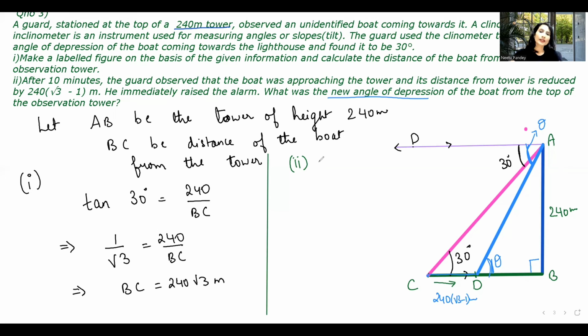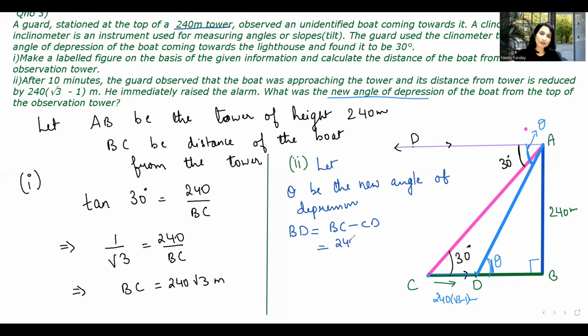So let's get started here. You can say here, let theta be the new angle of depression. And BD we can find out by how? BC minus CD. तो ये BC आपका है 240 root 3 minus CD is how much? 240 into root 3 minus 1.